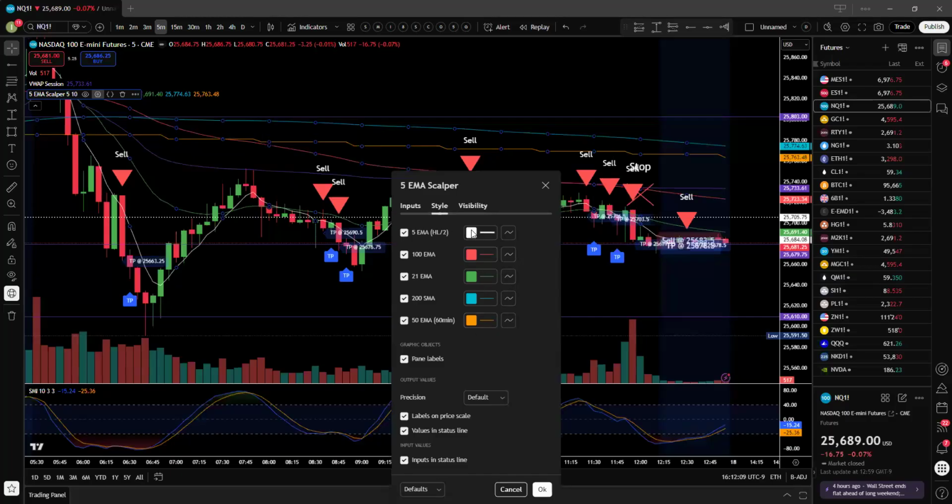I quit paying for that premium because I could add whatever I want to one indicator, but I've got my 5 EMA, my 21 EMA, 100 EMA, and then I've got even my 50 EMA, and this is associated with the 1 hour time frame regardless. All the other moving averages are going to reflect whatever time frame that you are looking at that time. But the orange 50 EMA is always going to reflect the 60-minute chart.